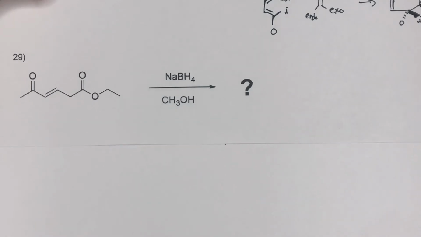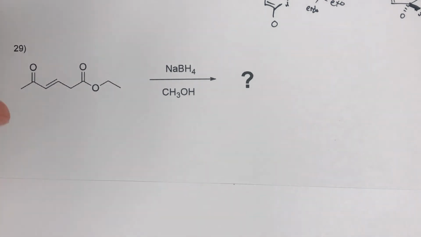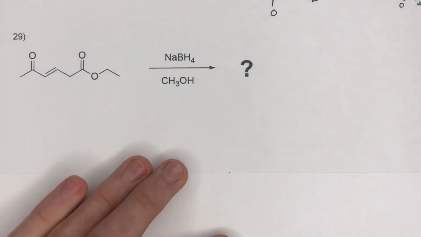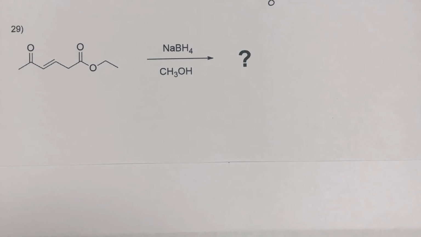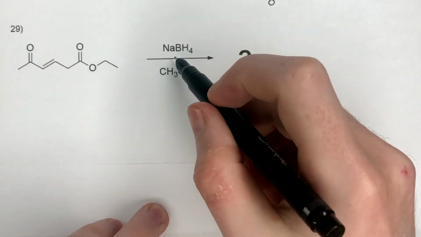Moving on to the next question. Here we have sodium borohydride, and we have a compound that has a ketone and an ester. Sodium borohydride is a pretty weak reductant, so something that's relatively stable like an ester is not going to be reduced by sodium borohydride.